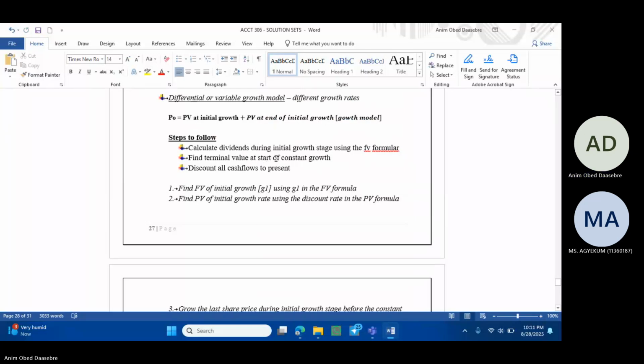Or at the end of the initial growth. Terminal value at the end of the initial growth phase.